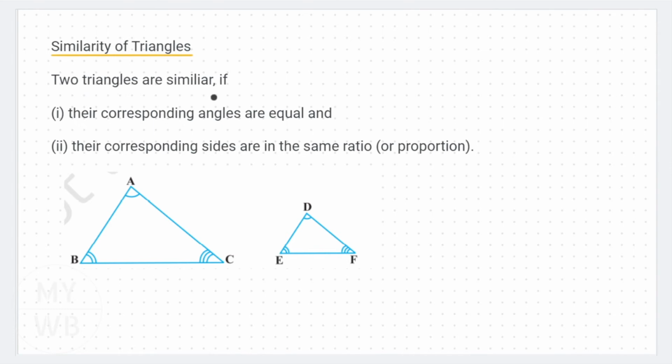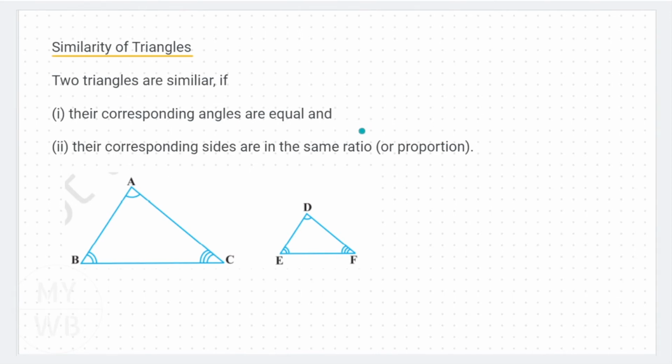Two triangles are similar if their corresponding angles are equal and their corresponding sides are in the same ratio or proportion. These two are generic conditions for checking similarity between any two polygons.